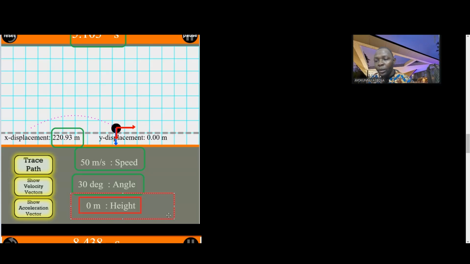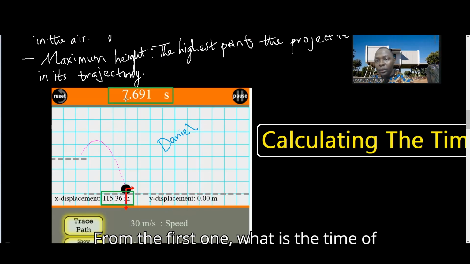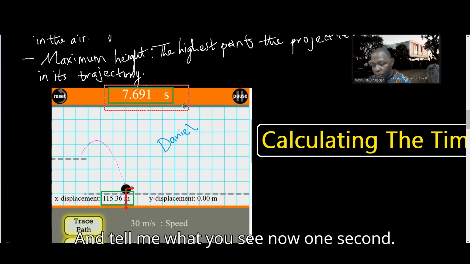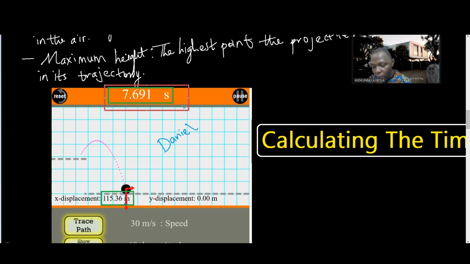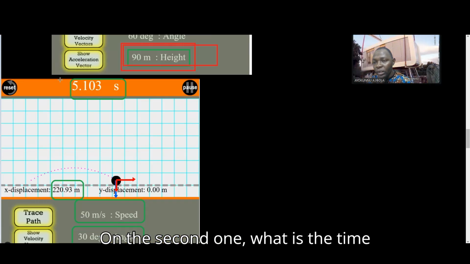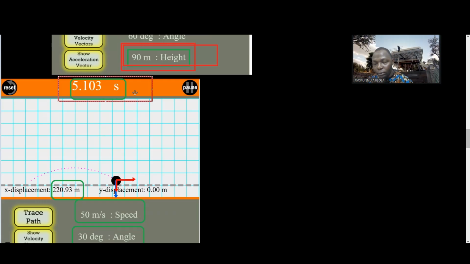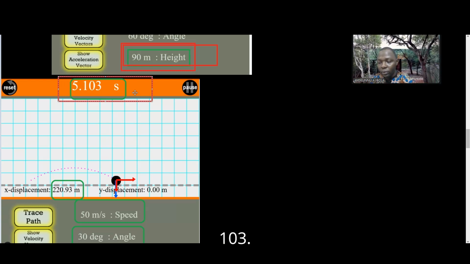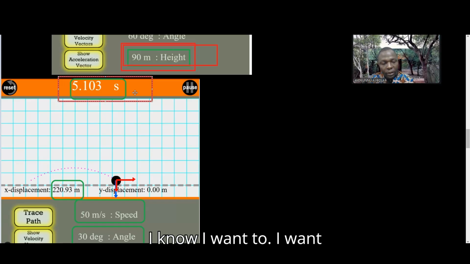Now, from the first one, what is the time of flight? 7.691 seconds. Okay. And on the second one, what is the time of flight? 5.103 seconds. Okay.